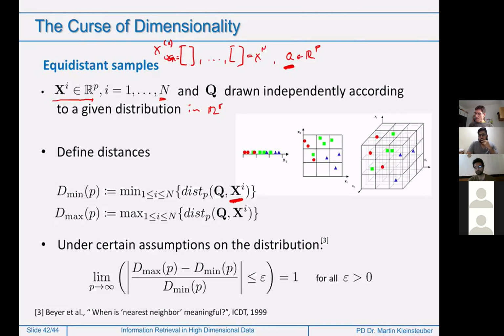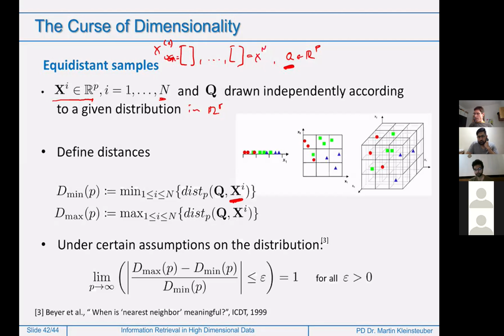Then, under certain assumptions on the distribution, we see that the probability that the difference of the maximum and the minimum distance is smaller than some epsilon is going to 1, which means that if p grows, this can be arbitrarily small.